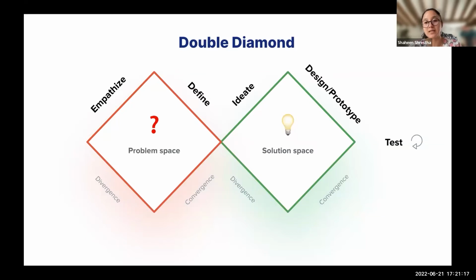Then we design and prototype it into one application, and the application is tested with a person. So this is an ongoing process. It does not stop at one point. We keep refining it until we think we've come to a good position.